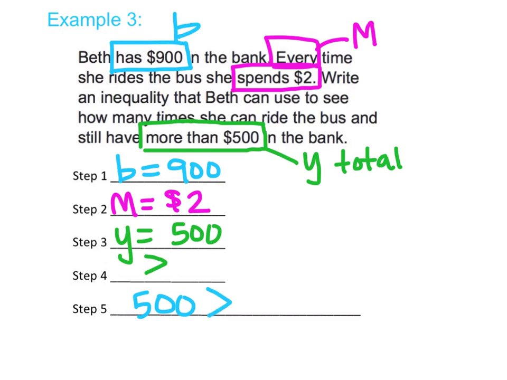The m, I'm spending $2 every time. $2 times however much I ride the bus. And then 900 is my b. I'm not going to write down the plus sign. This one says she spends money. If you spend money, do you have more or do you have less?